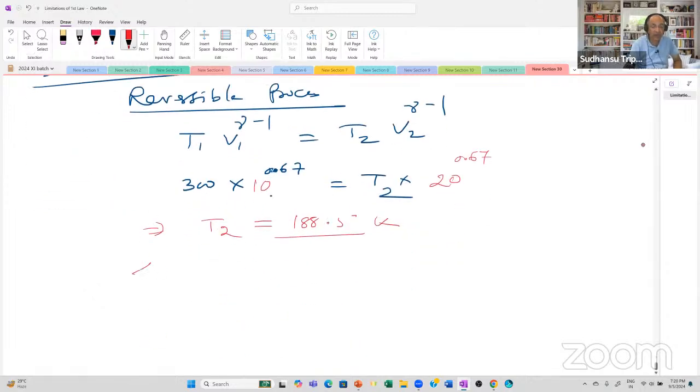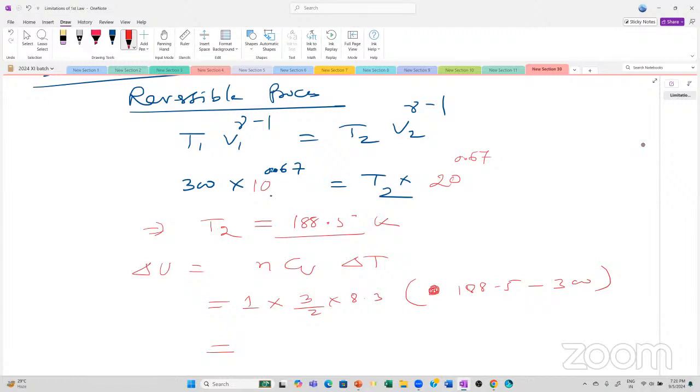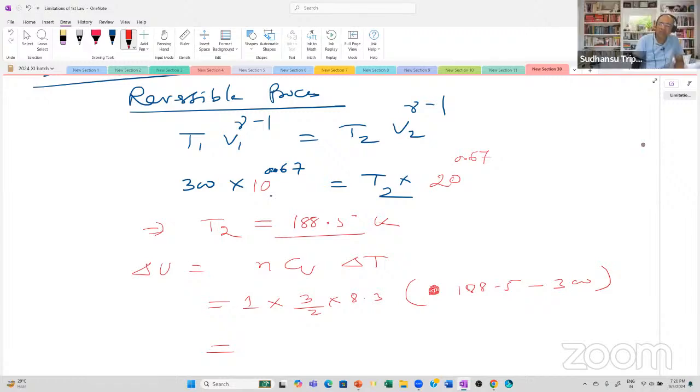Now we can find del U is equal to nCV delta T, that is 1 into 3 by 2 into 8.3. This time delta T is the final temperature 188.5 minus 300. So it has to be negative, because in expansion work there is a decrease in internal energy, and there is a negative work, and hence negative internal energy change. So what is the internal energy change?